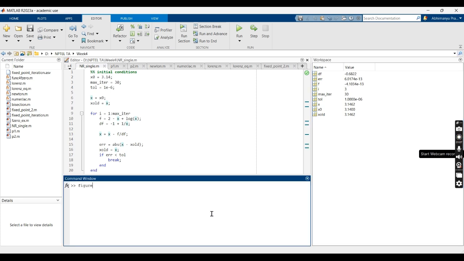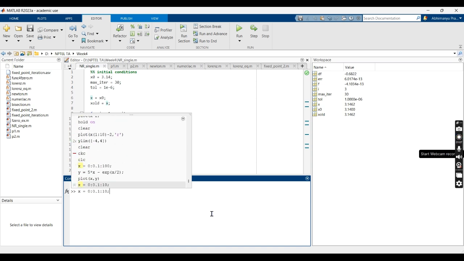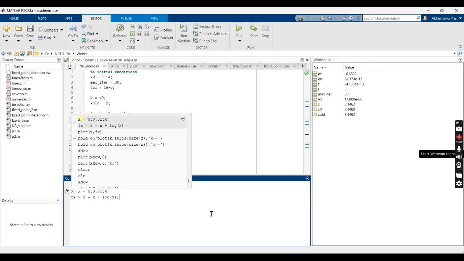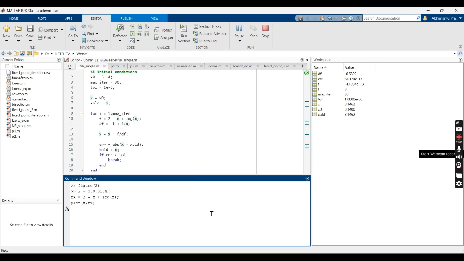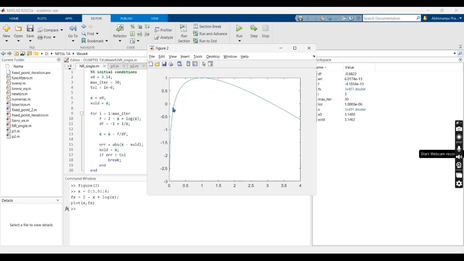Let me plot that also. Okay. So it has converged to the second root, 3.1462.